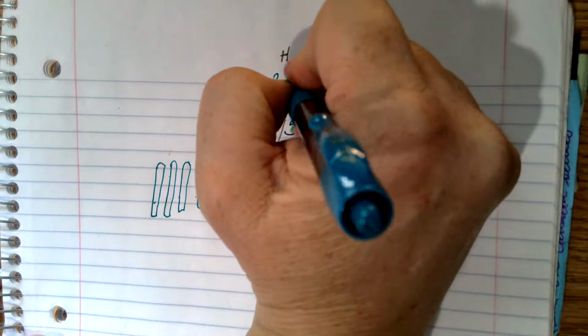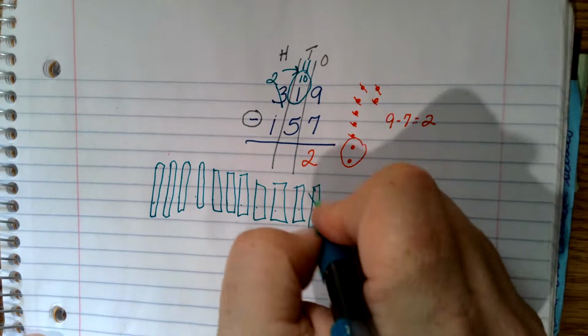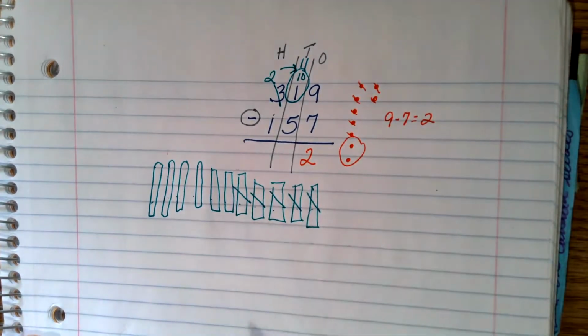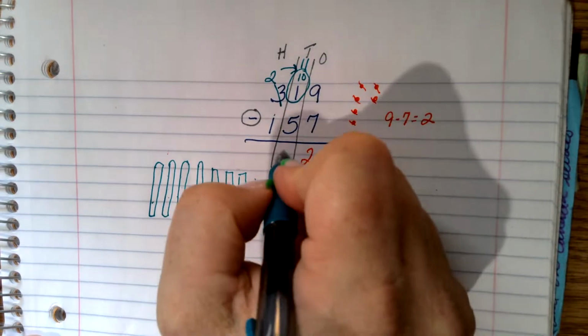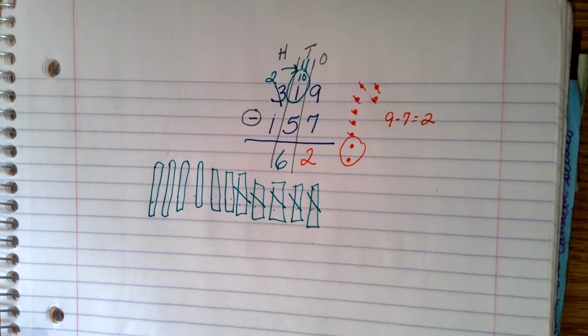So we take this and we combine it and we say we have 11 tens, and we're going to take away 5: 1, 2, 3, 4, 5. That leaves us with 1, 2, 3, 4, 5, 6 tens. Now, we're no longer subtracting from 3 hundreds.